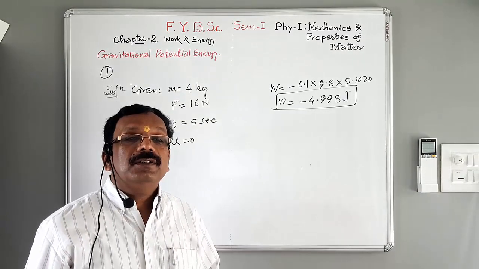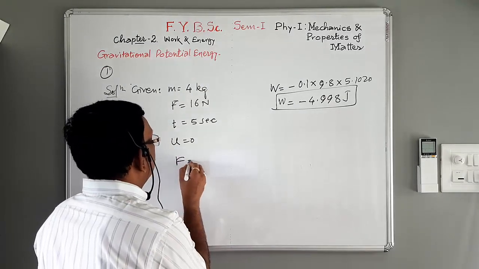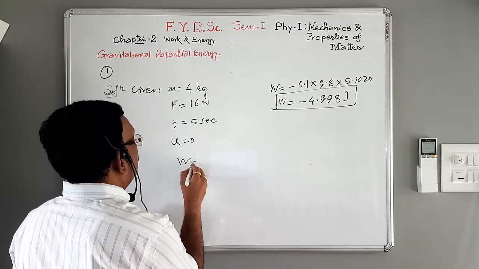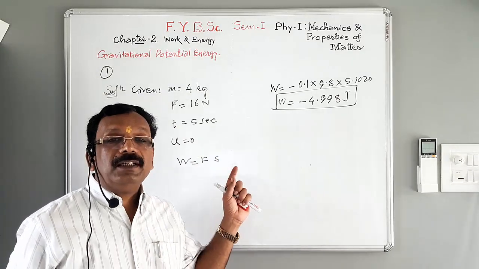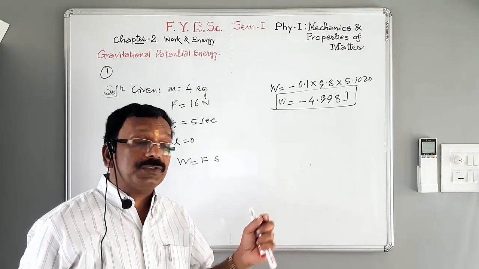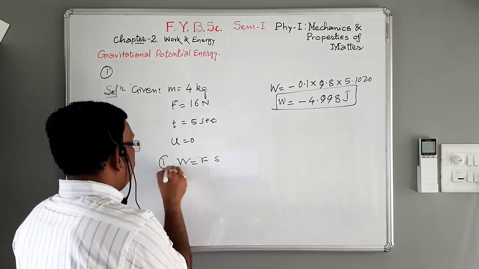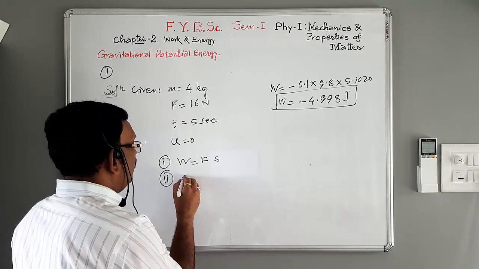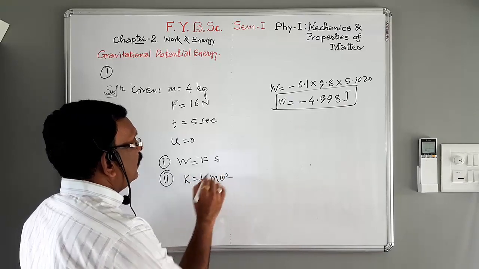We have to find the work done by the force F, and work done by the force is W is equal to Fs, where S is the distance covered by the body in the direction of force. Second, finally we want to calculate the kinetic energy, that is 1/2 mv square.